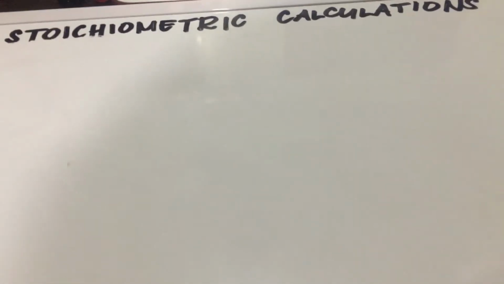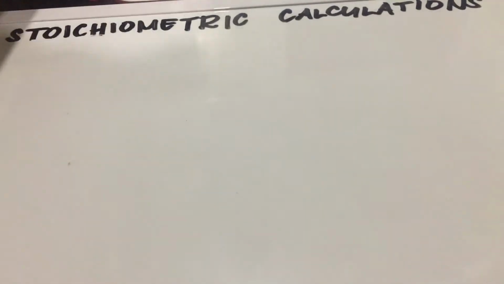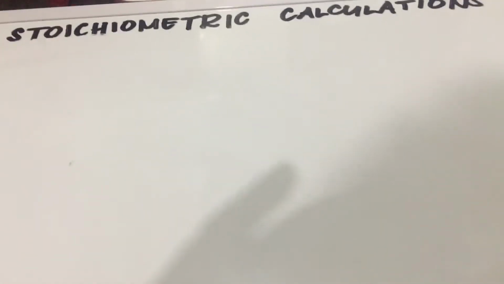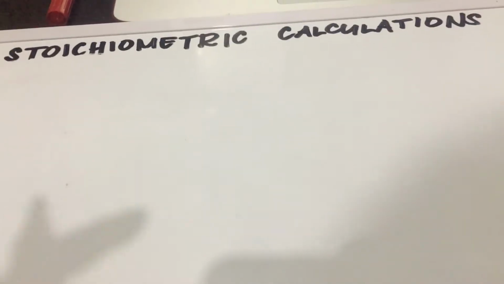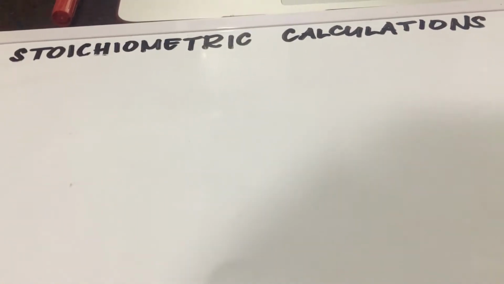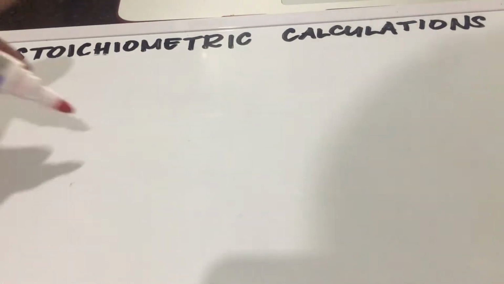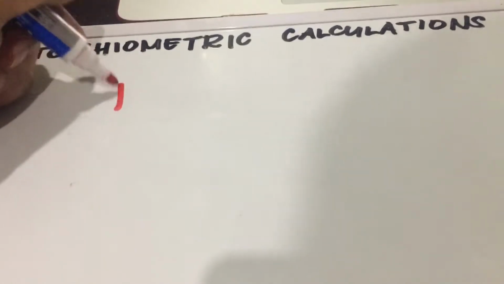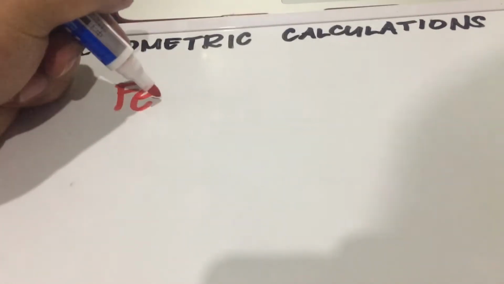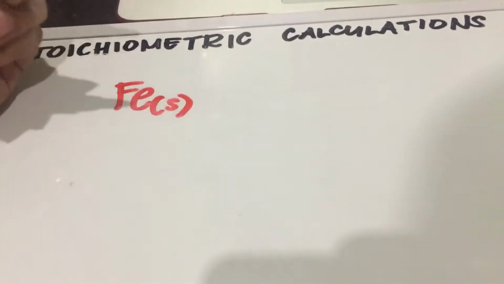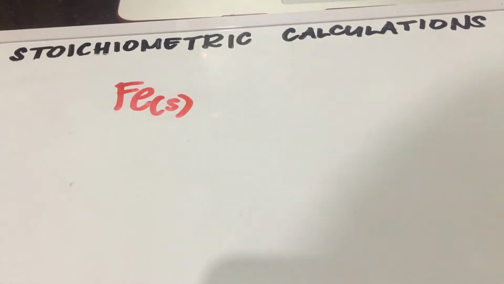So let's use the whiteboard now. Okay, so it says in the problem that iron reacts with oxygen gas. So from that we can deduce that one of the compounds in our balanced equation is iron. So let's just write Fe, and that's practically solid, iron nail, iron coating, okay?